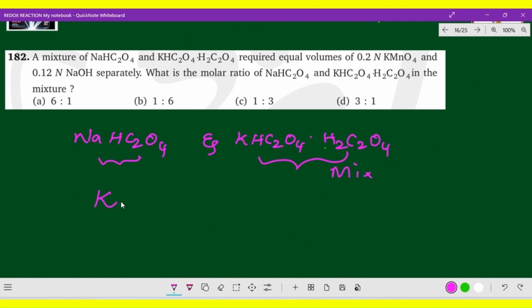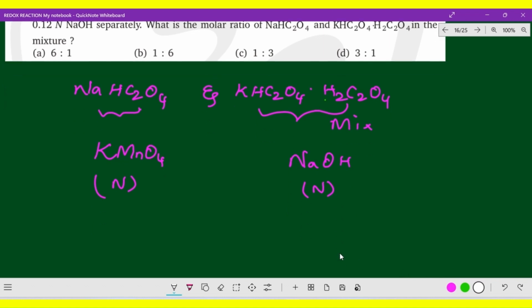So KMnO4 normality and NaOH normality we have to identify. Okay, now KMnO4 normality is 0.2 N and here 0.12 N, and the volume, how much, here we have to identify both in liter, right?